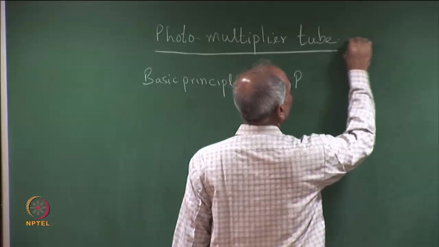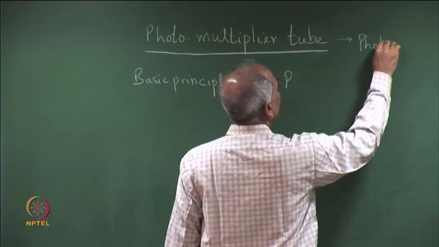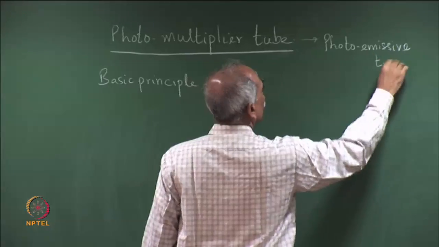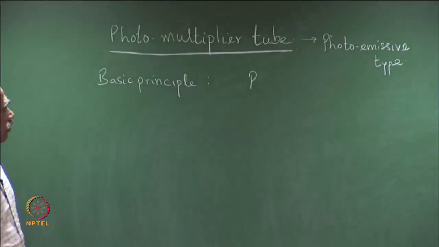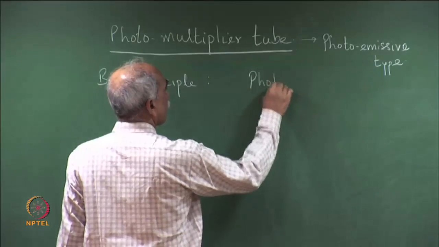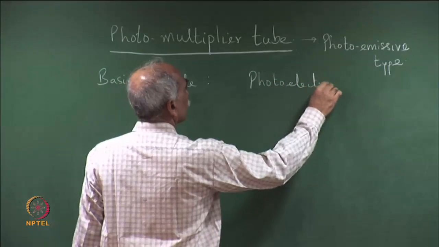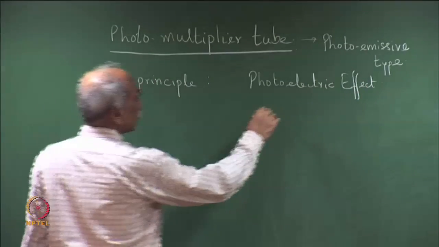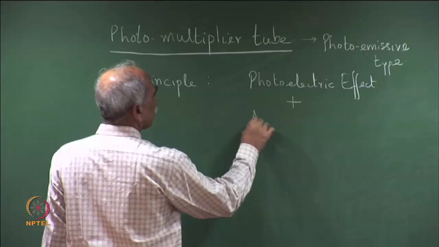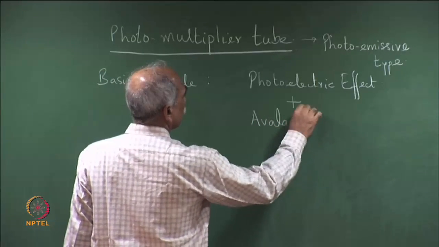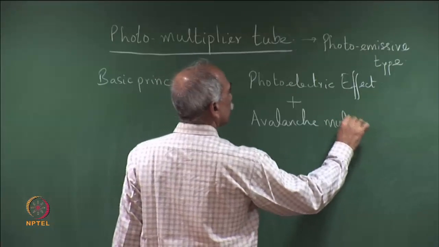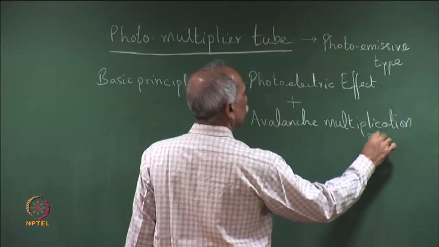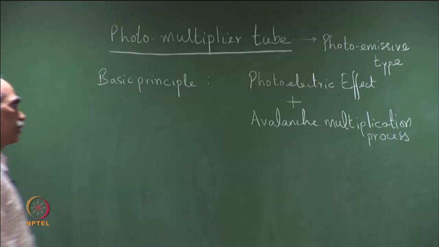This is a photoemissive type of detector, followed by an avalanche multiplication process.